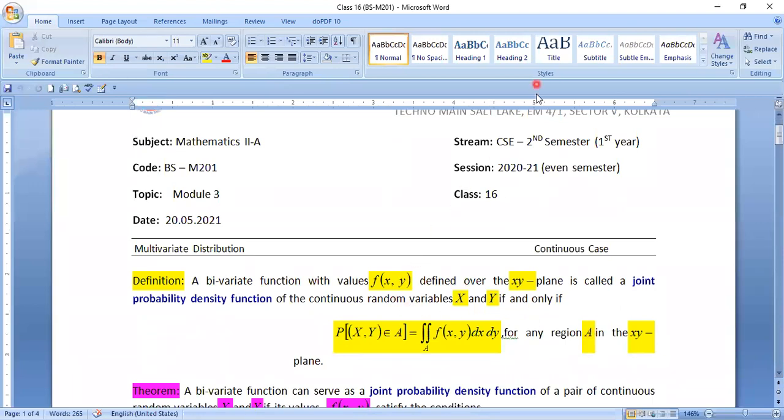Now, this is the definition of probability in the bivariate system where the variables are continuous.